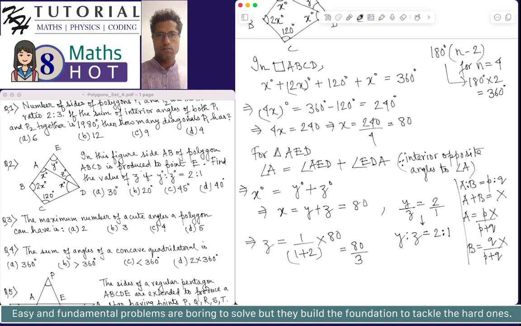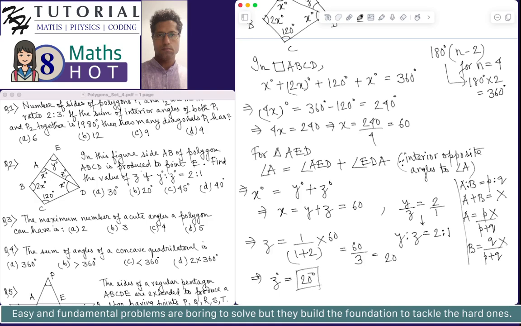So x is equal to 240 by 4, which is not 80, but 60. So this is equal to 60 by 3, which is 20. So Z is 20. It is asking for the value of Z degree, so Z degree is equal to 20 degree.